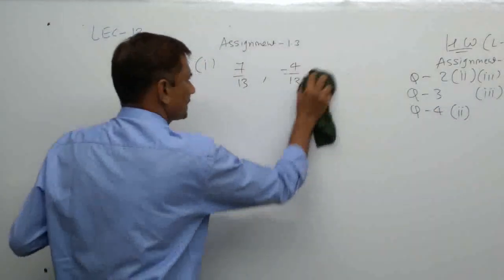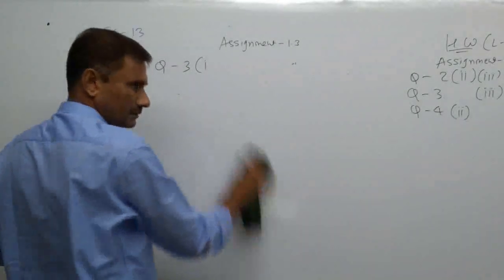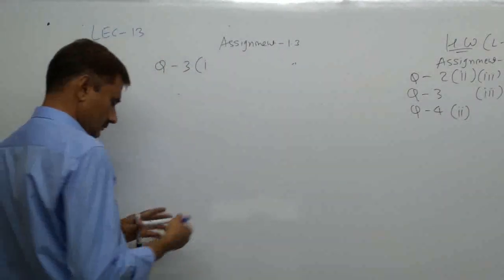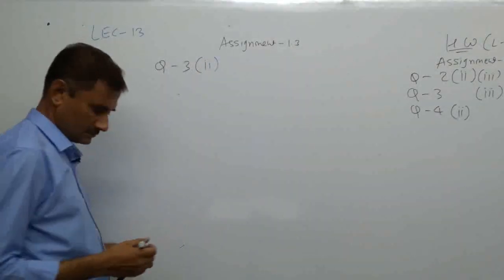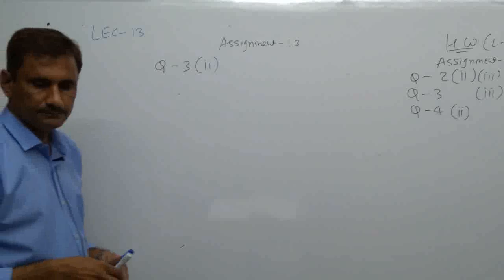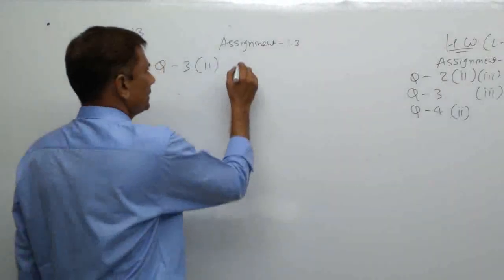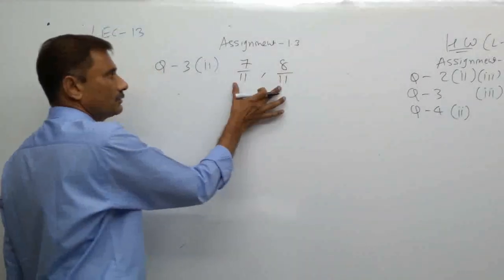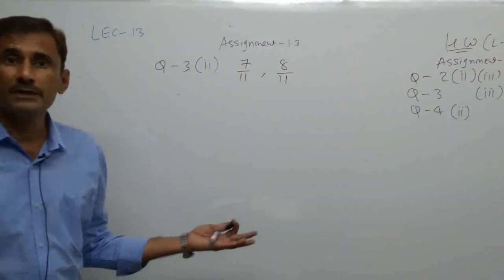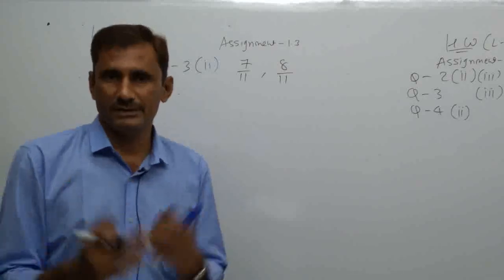So now third, second one. Okay, 7 by 11, 8 by 11. Here denominators are already equal, but in between no gap is there. So we have to go ahead.